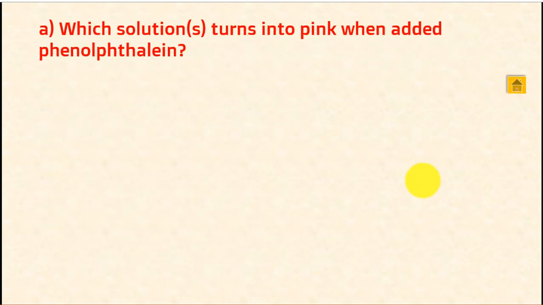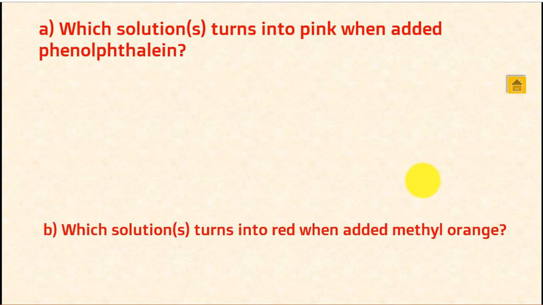Which solutions turn pink when phenolphthalein is added? And the next question is, which solution or solutions turn red when methyl orange is added? So from the given table, we need the solutions that turn pink or red when phenolphthalein or methyl orange indicator is added.